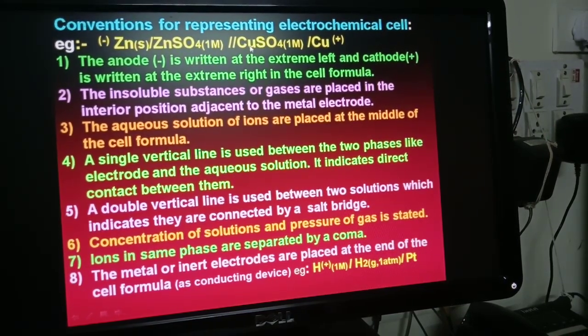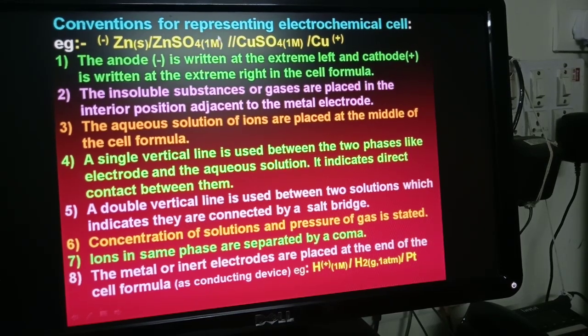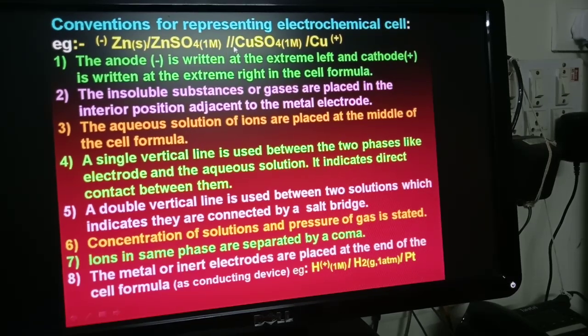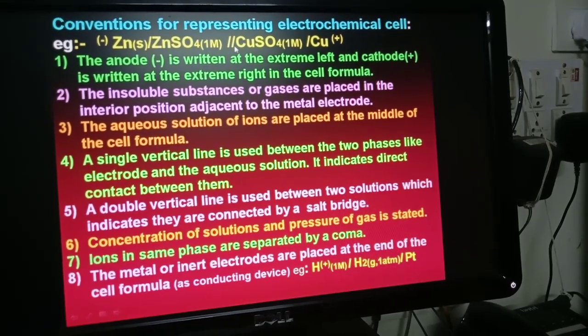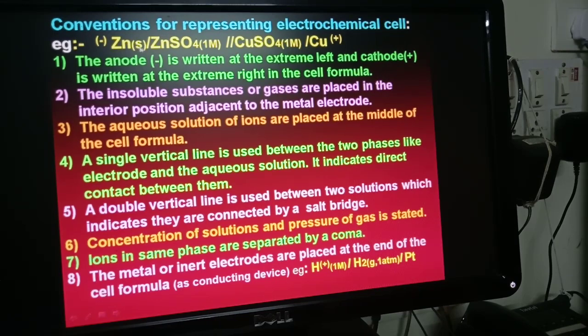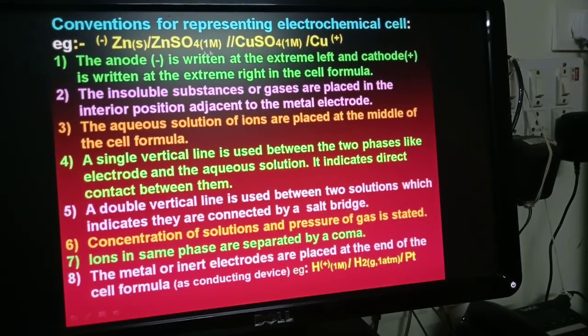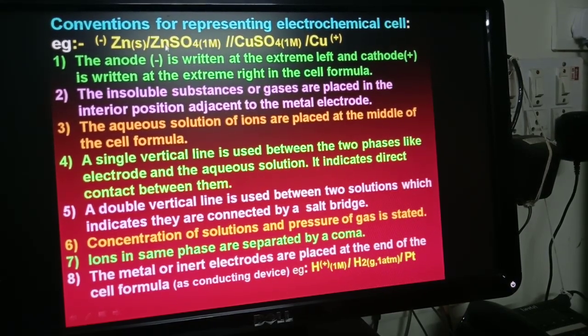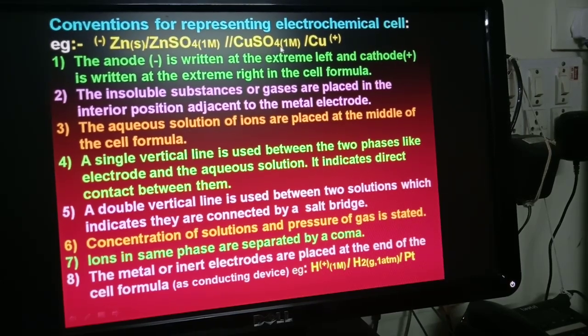The two electrolytes are separated by means of a salt bridge, which is indicated by a double vertical line. The concentrations of electrolytes taken are always written on the right side in the form of a subscript of each electrolyte.